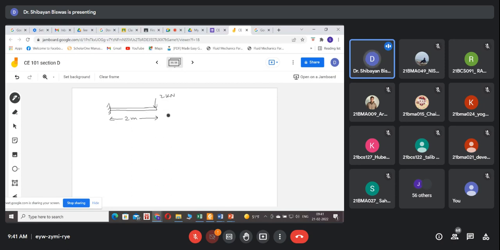Now this beam has a section: this is 40 millimeter and this height is 60 millimeter. If we see from this side, this is the beam section, 40 millimeter wide and 60 millimeter high. Length is 2 meter.